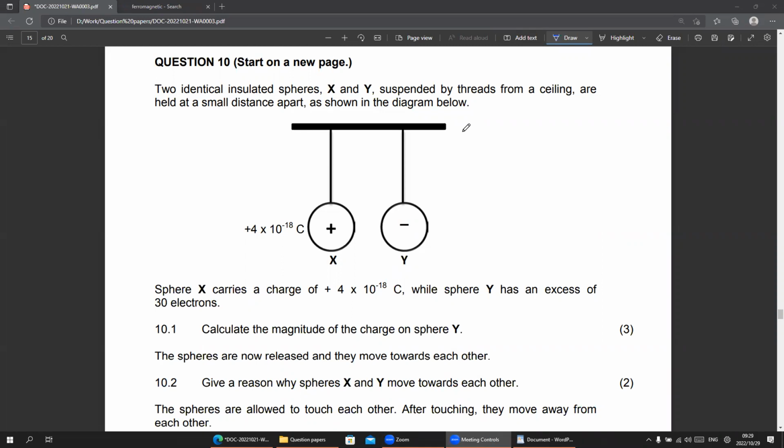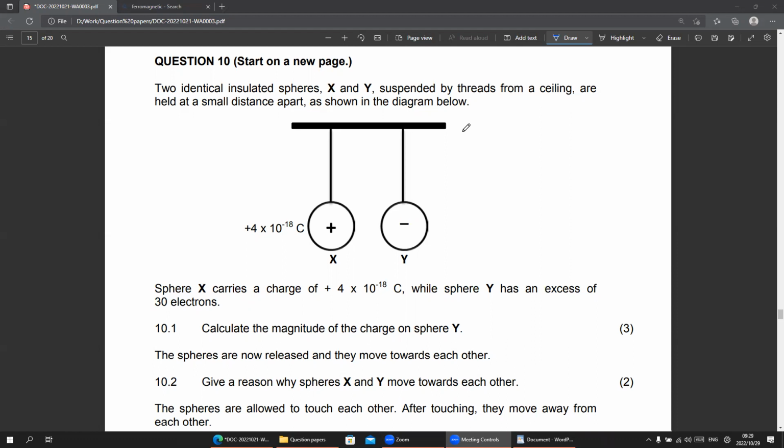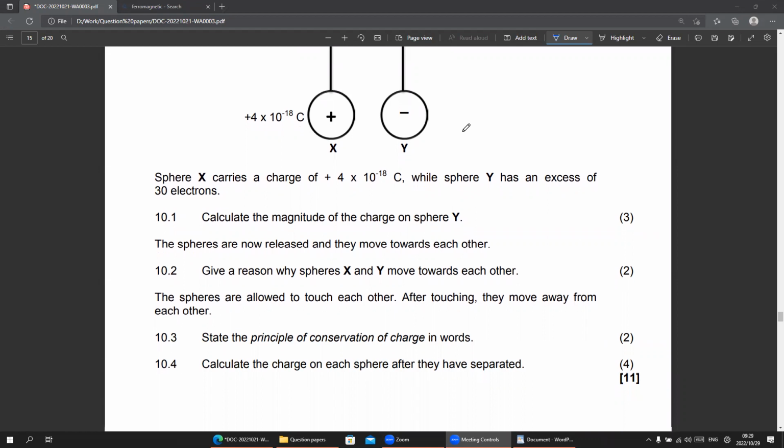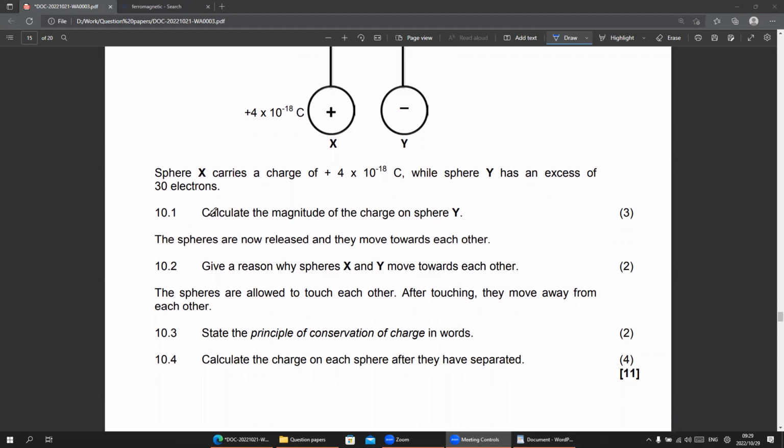The sphere X carries a positive charge and Y has an excess of 30 electrons. So in this particular case, they want you to use the charge of an electron in order to determine the charge of the sphere. They want you to calculate the magnitude of charge of Y.